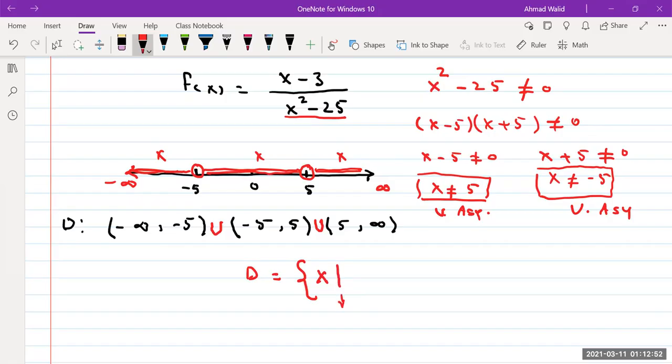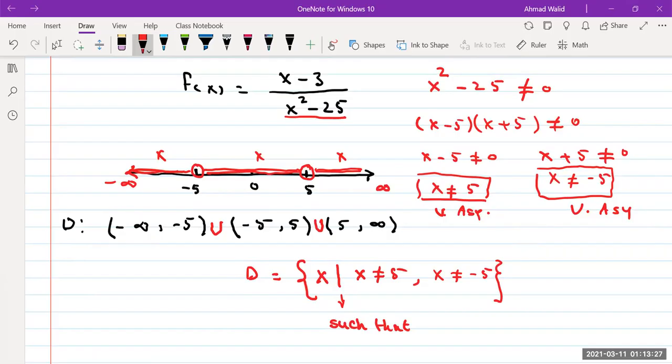We read this line such that the domain of this function is all values of x such that x cannot take 5 and x cannot take negative 5. Correct? That will be the domain of this function if you want to write it in set notation.